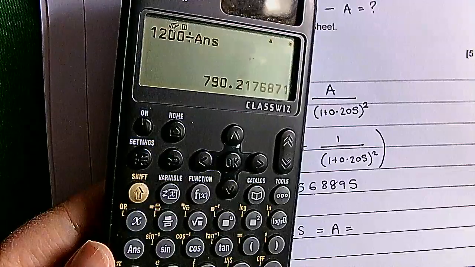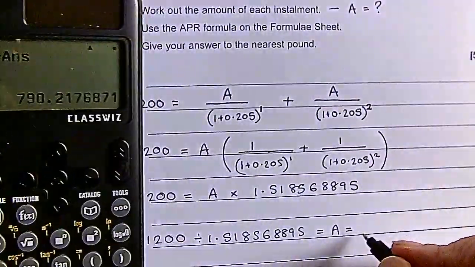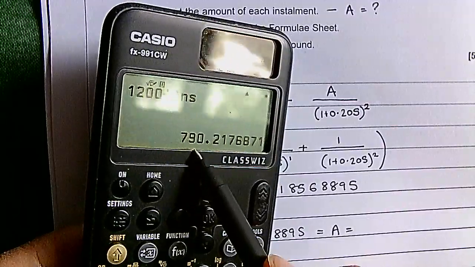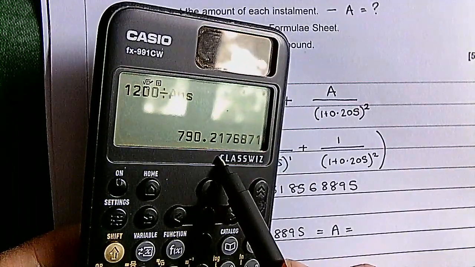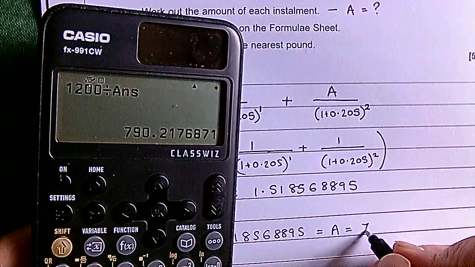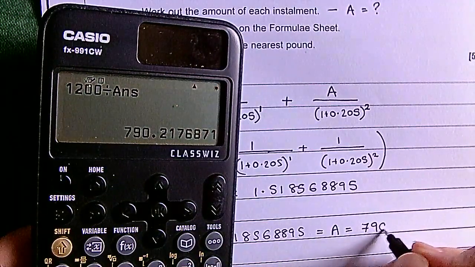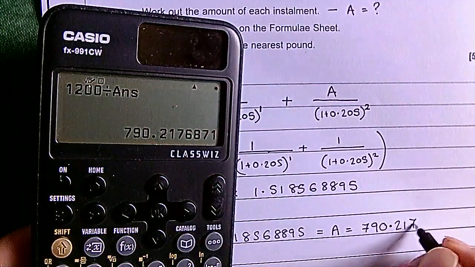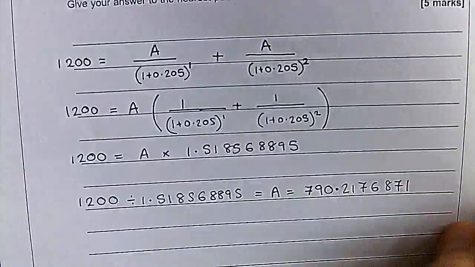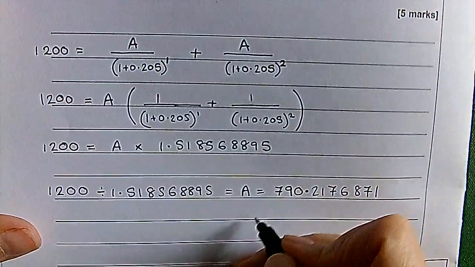Okay, and I've got £790 and 22 pence, but they want the answer to the nearest pound. So is that going to be closer to 790 or 791? I think it's going to be 790. Let me put down all the decimals just in case I've messed up my rounding. So rounded to the nearest pound, that is 790.